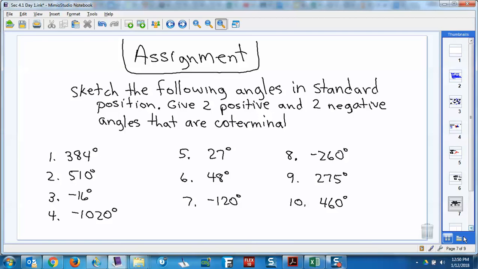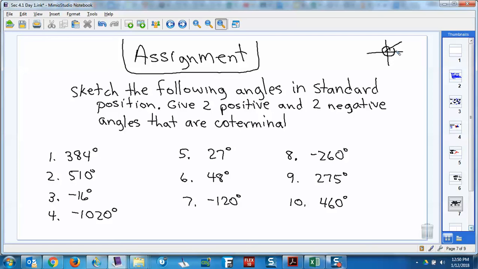For number 1, that was the first angle. Would it basically just be 24 plus 360? It would already have one. Well, yes, 384 is past 360, so it's around like that, and another name for that would be 24. I just said give 2 positive, so 24 could be one of them.